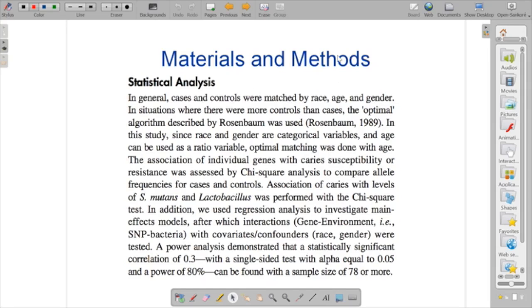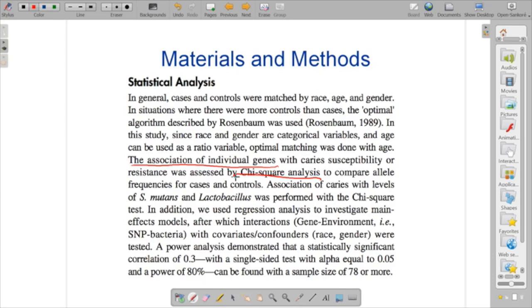We find out a bit more about what they've done in their statistical analysis section under materials and methods. They tell us a bit about how they've organized their data. They say the association of individual genes with caries susceptibility or resistance was assessed using chi-square analysis.